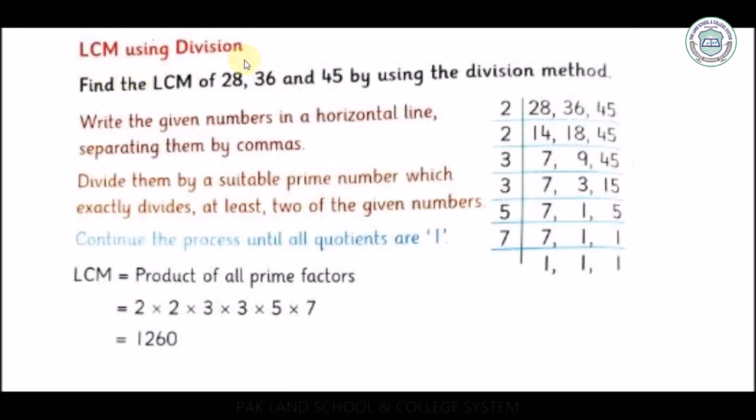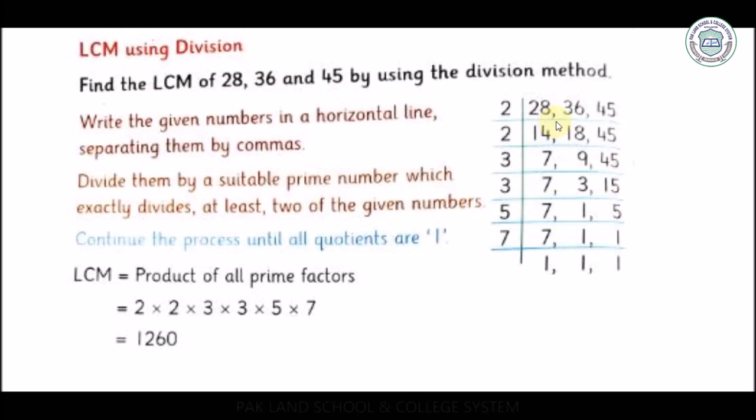LCM using division method. For example, find the LCM of 28, 36 and 45 by using the division method. Write the given numbers in a horizontal line like this: 28, 36 and 45, separating them by commas.